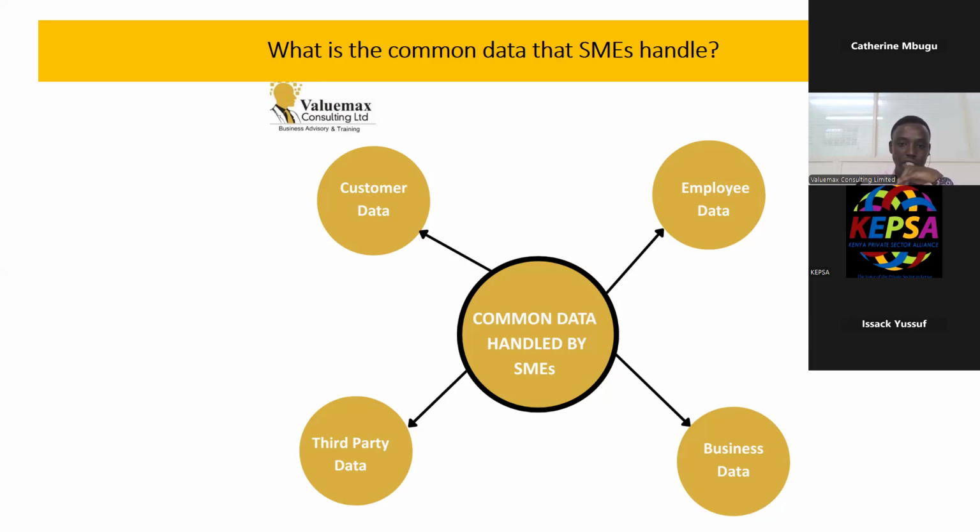So all these are the types of data that are handled by any type of SME, and we should ensure that all this data is secure from any alteration. It has the confidentiality, it maintains the integrity, and it also maintains the availability of it.